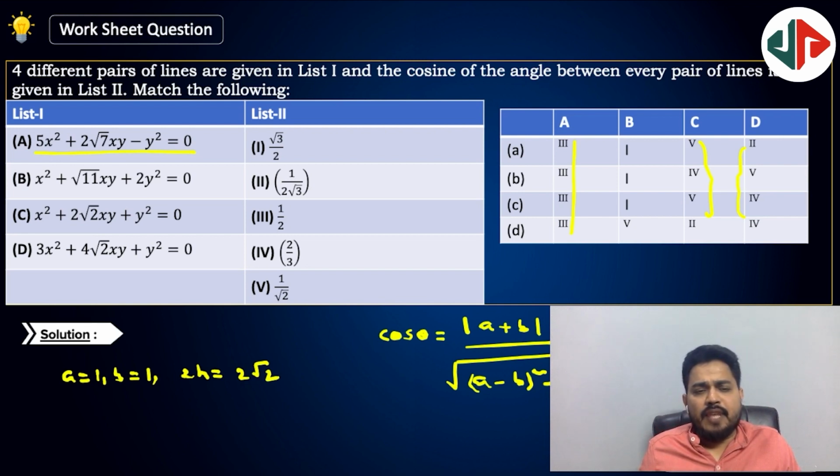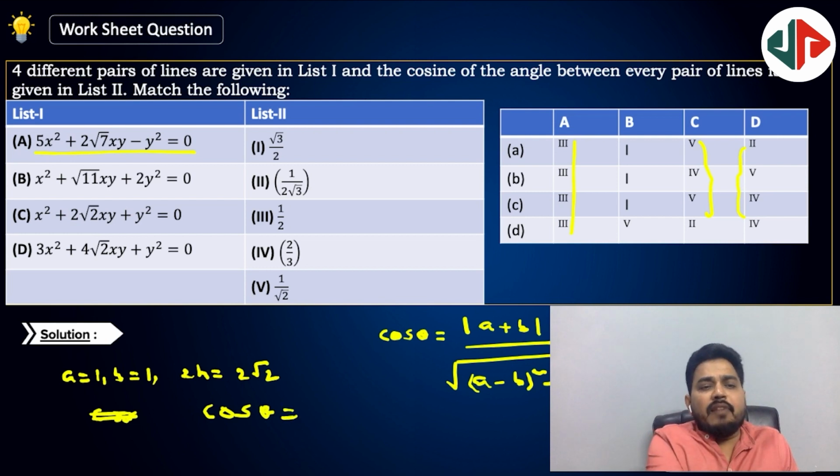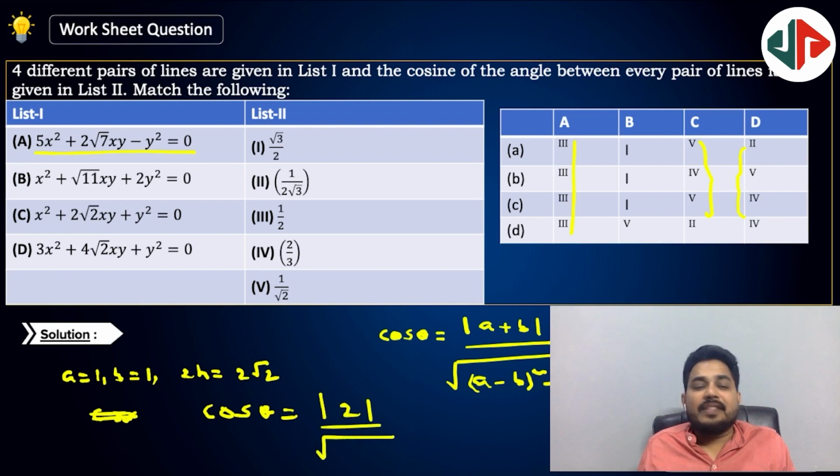So if you take that one, cos theta is equal to, what is the value you are going to get? Modulus of a plus b, 1 plus 1, that is mod 2, by square root of a minus b, 0, 4h square is 8.